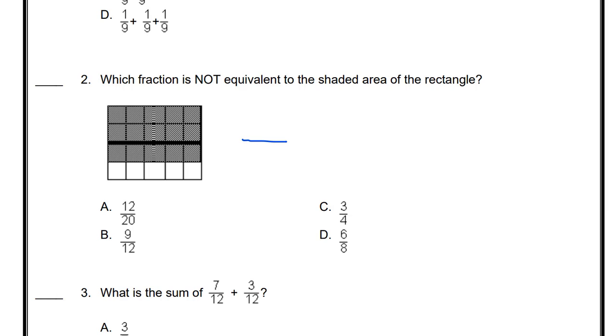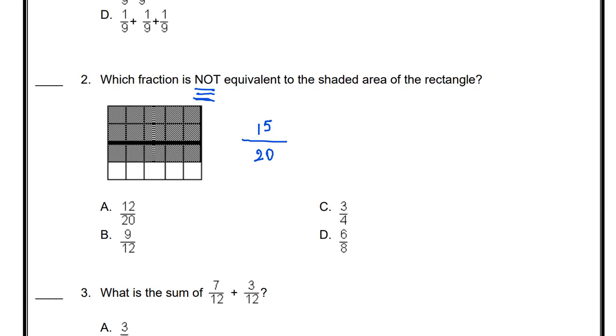1, 2, 3, up to 20. The shaded is 15 and the total is 20. Okay, so we need to find which one is not equivalent.